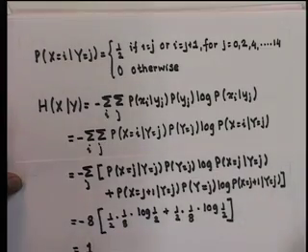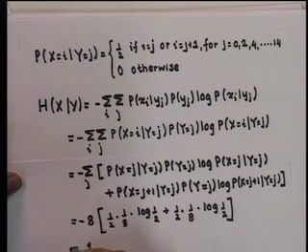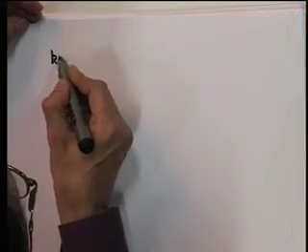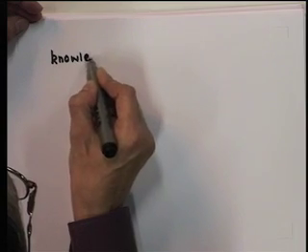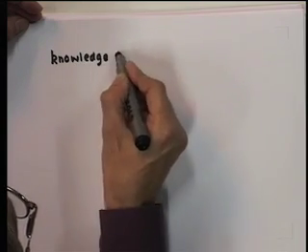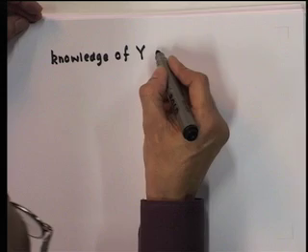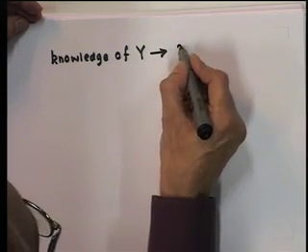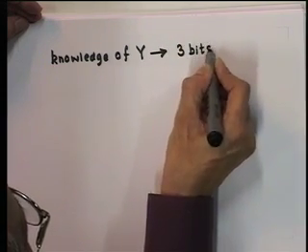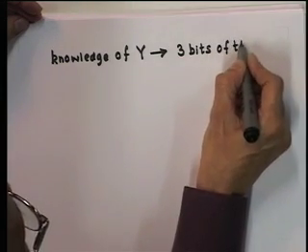Now, let us compare this answer to what we would have intuitively expected the uncertainty to be based on our knowledge of the compression scheme. With the coding scheme described, knowledge of y means we know the first 3 bits of the input x.